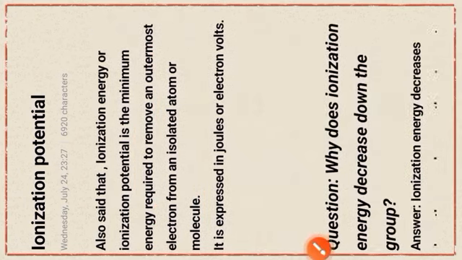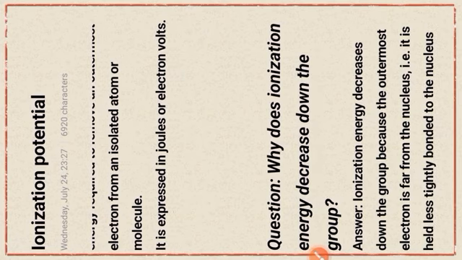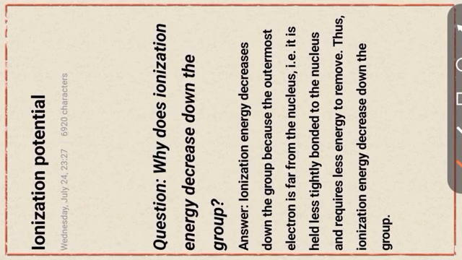Next question: why does ionization energy decrease down the group? Ionization energy decreases down the group because the outermost electron is far from the nucleus.